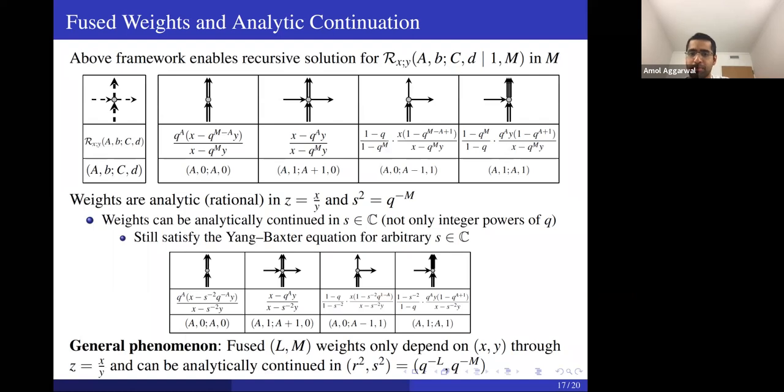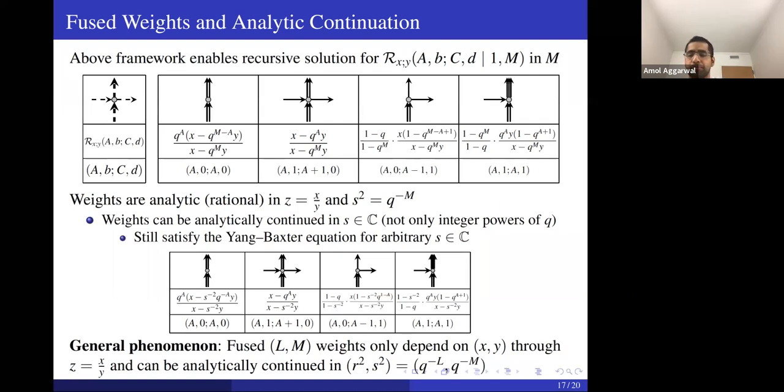In particular, if I make s arbitrary, that will imply, again by analytic continuation, that the Yang-Baxter equation holds for these weights for any value of s. So this is the final version of the fused weights when L is 1 and M is arbitrary. And as you can see, the parameter M is hidden in this parameter S here.